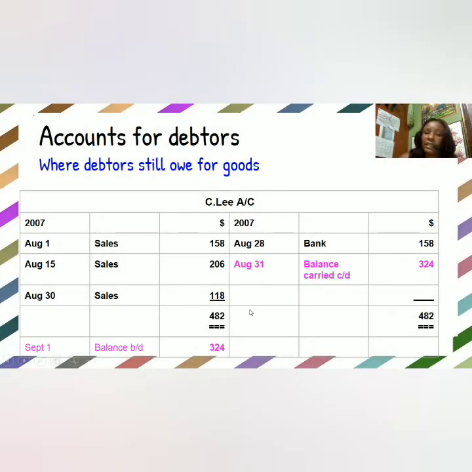Now, if you have a balance carried down, you must have a balance brought down at the beginning of the next month. And so you have September 1, balance brought down, 324 on the other side. So the same amount we use for the balance carried down, the same amount must be used for the balance brought down. The balance brought down must be on the opposite side of the balance carried down.